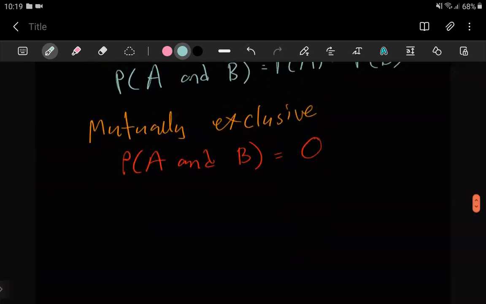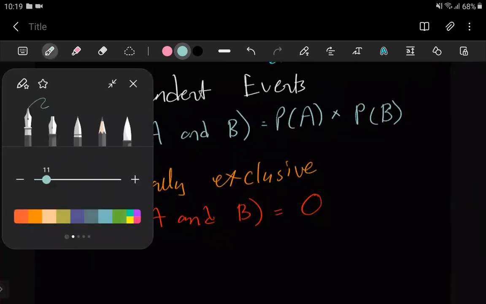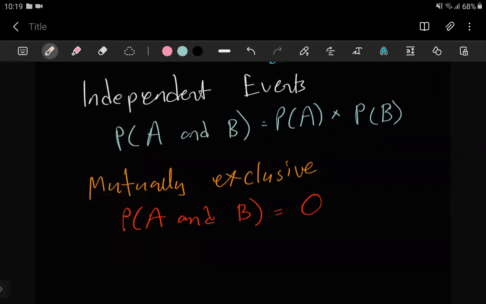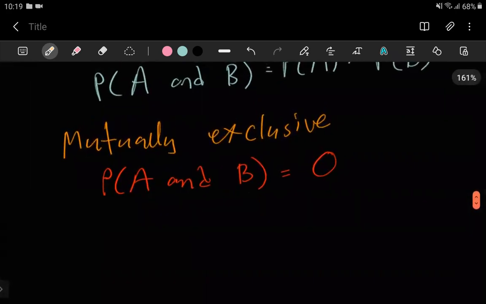So these formulas, you can see, are specific to what kind of event you're dealing with. But in a situation where you are not dealing with a specific event, there's a main probability formula that can help you do what you need to do.